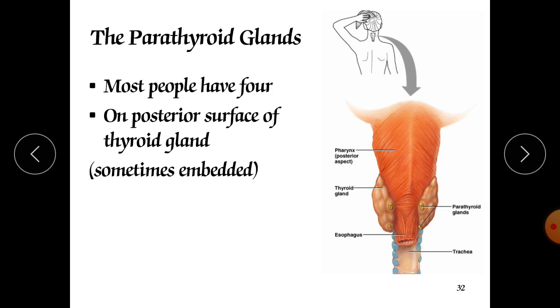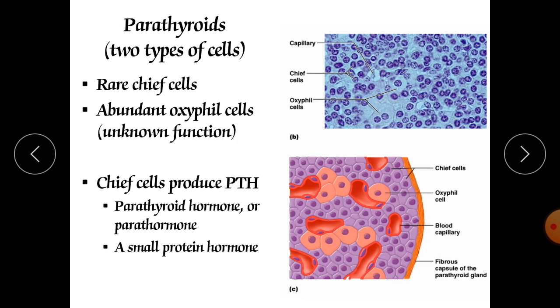Microscopically, the parathyroid glands contain two kinds of epithelial cells. The more numerous cells are called chief cells, also called principal cells. Chief cells produce parathyroid hormone, which is the key hormone from the parathyroid gland.